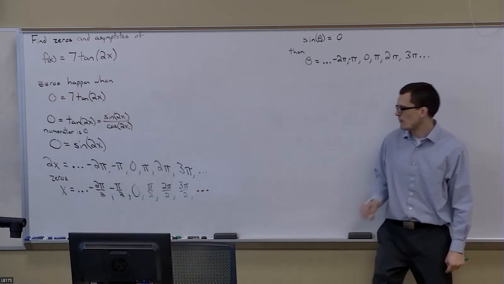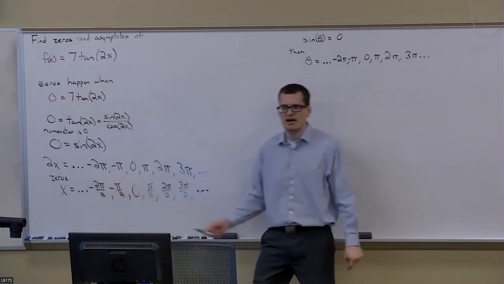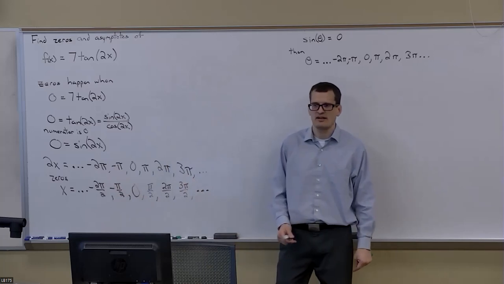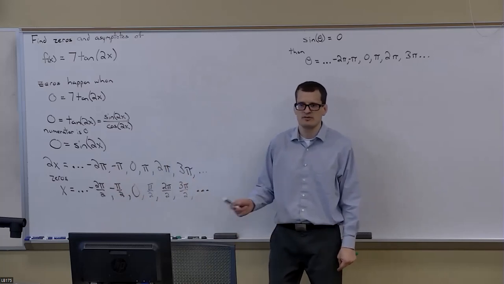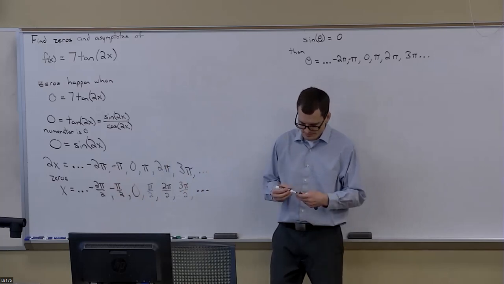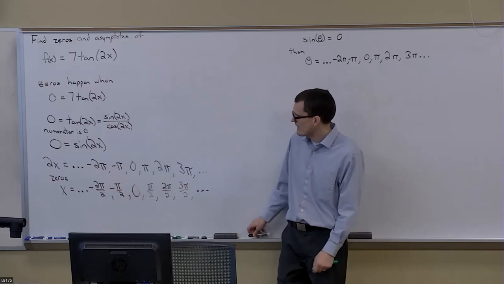And if you wanted to simplify these, negative 2 pi over 2 is just negative pi, and 2 pi over 2 is positive pi. If you want to simplify, you could. I'm not going to right now, I don't think it's needed, but you can.